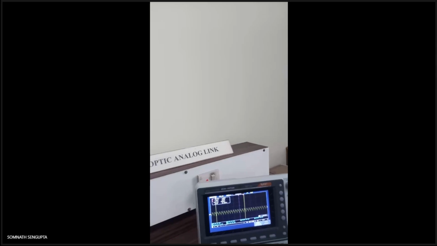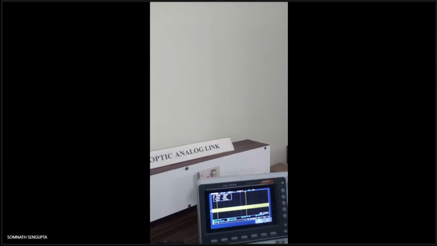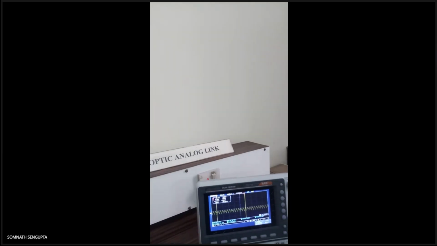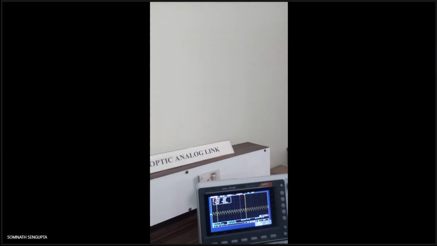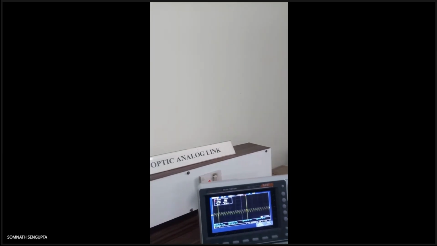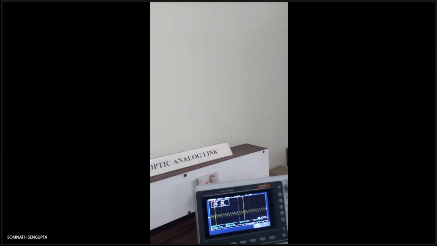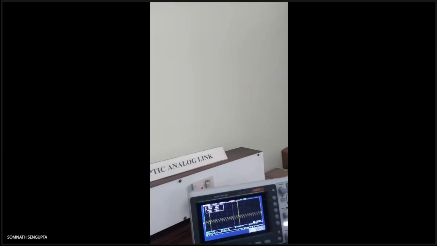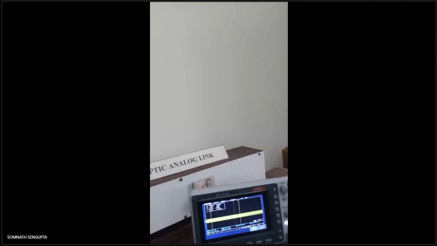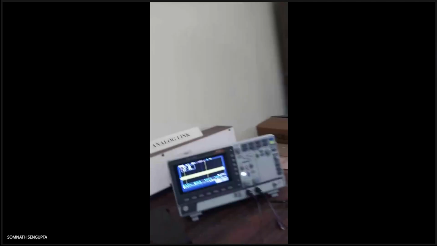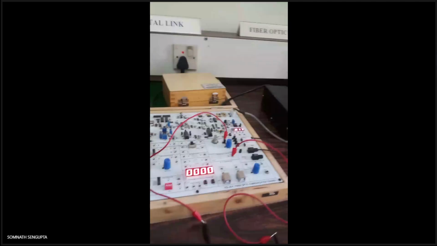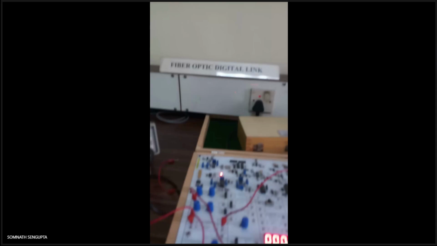If the maximum value is 3, then the optical bandwidth is the frequency at which voltage is 1.5, that is 50%. In the electrical case, it is 70.7%. So these are the readings for the analog case, okay, analog signals.